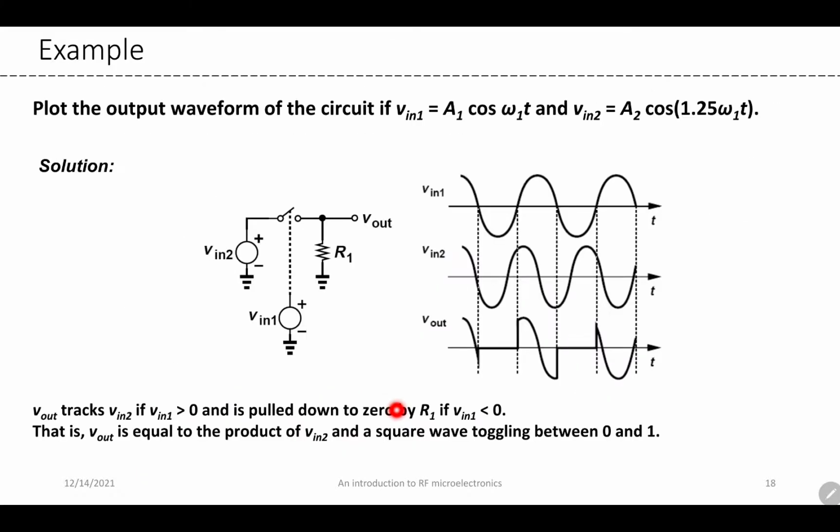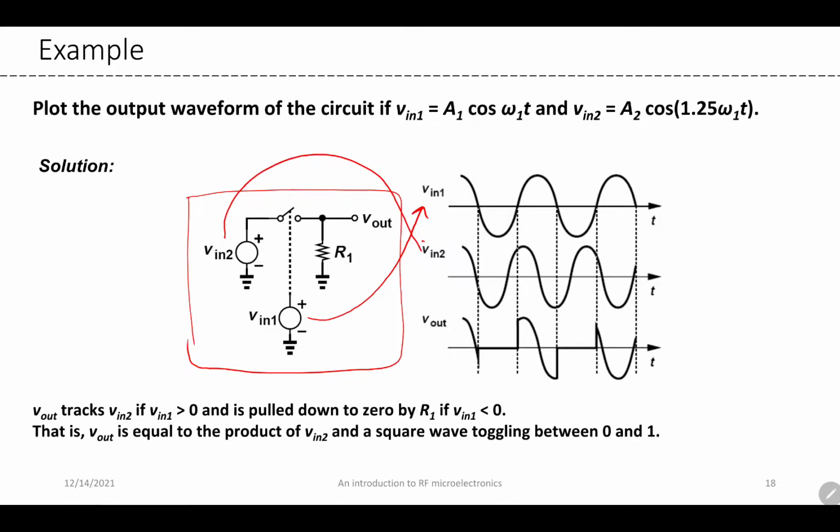Let's look at this. So this is the system. Let's assume some waveforms. So this is V in 1 and this is V in 2. So you apply a sine wave at this, you apply a sine wave at this, right? And now you look at what V out does.